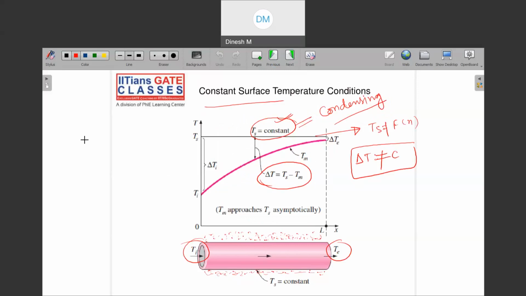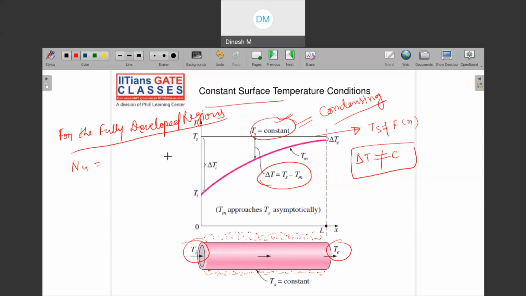Whenever you are working in the fully developed region, what happens is that your Nusselt number is constant.